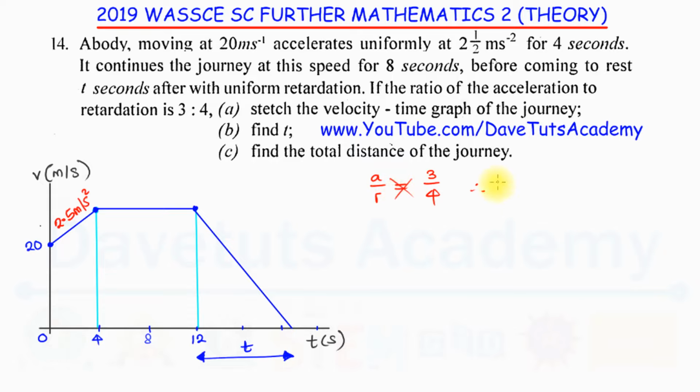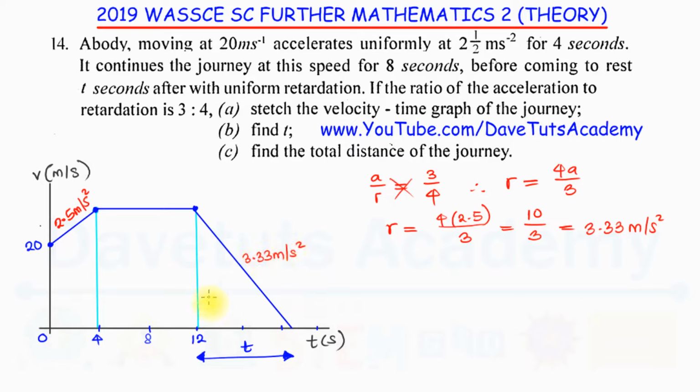Therefore, if you cross multiply, the retardation will be 4a/3. But acceleration was given as 2.5, so the retardation is 4 times 2.5 divided by 3. 4 times 2.5 is 10, so we have 10/3, and that will be 3.33 meters per second square. So here, this particular slope is 3.33 meters per second square. We need to capture that so that we will know what we are working with with respect to acceleration and deceleration.